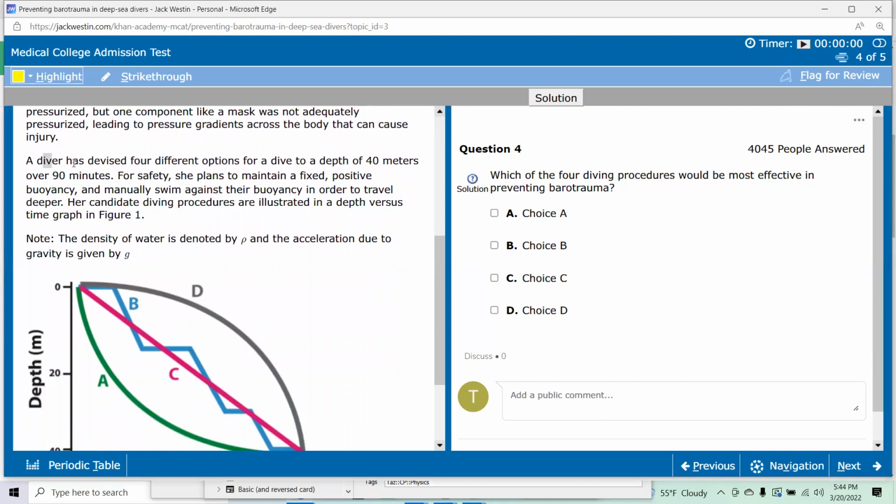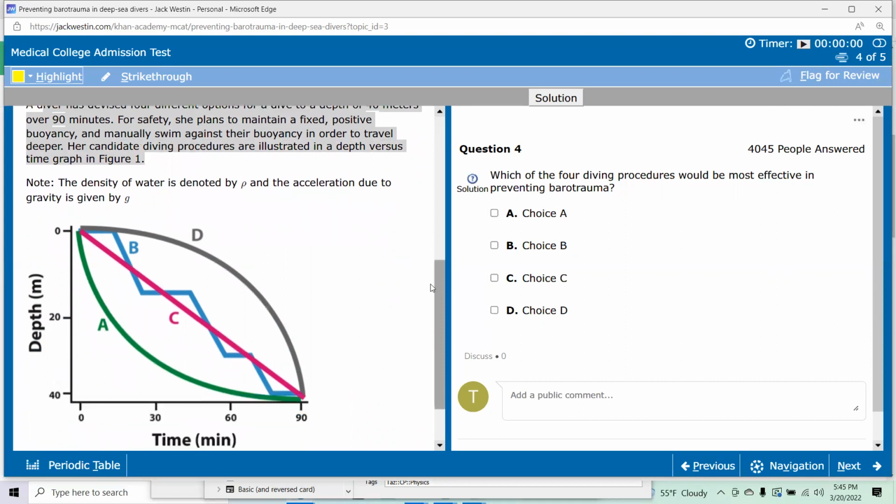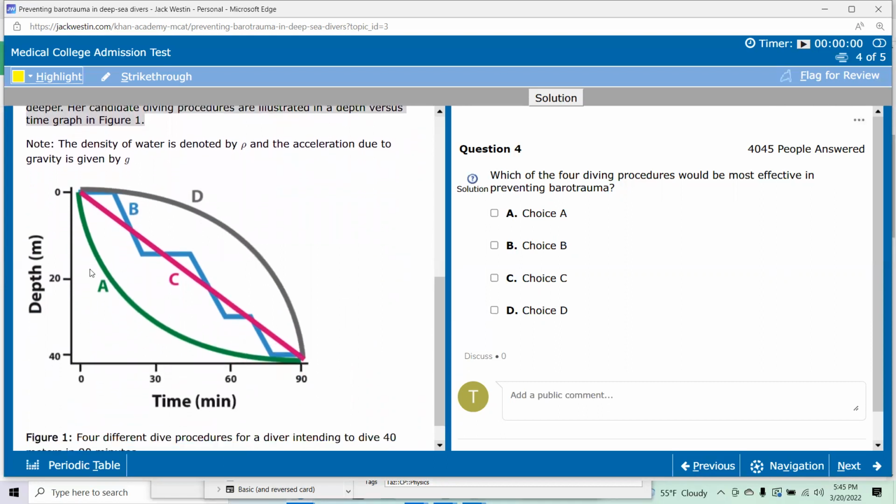Okay, here. A diver has devised 4 different options for a dive to a depth of 40 meters over 90 minutes. For safety, she plans to maintain a fixed positive buoyancy and manually swim against their buoyancy in order to travel deeper. Her candidate diving procedures are illustrated in a depth versus time graph in figure 1. So all of that, if you didn't understand, it doesn't matter, because basically all you need to understand is the graph, right?